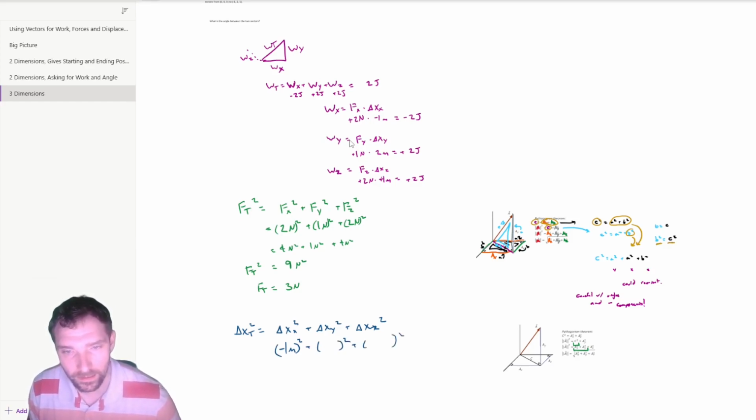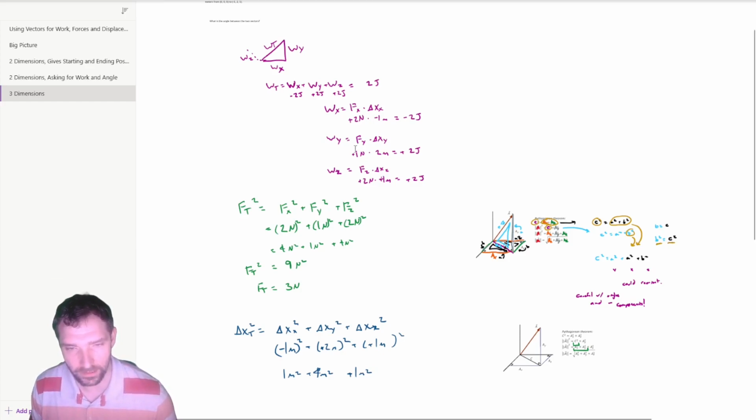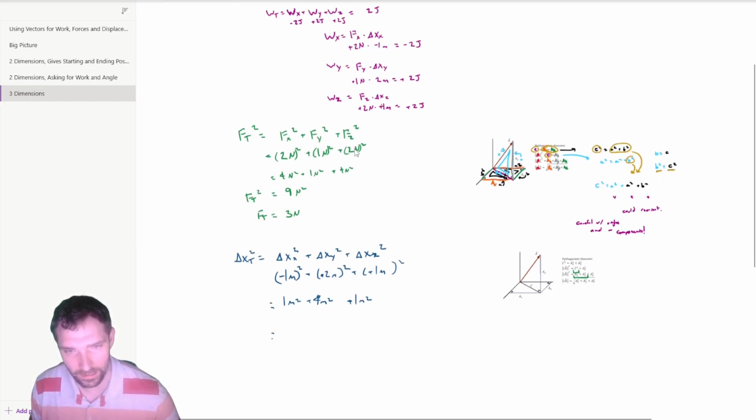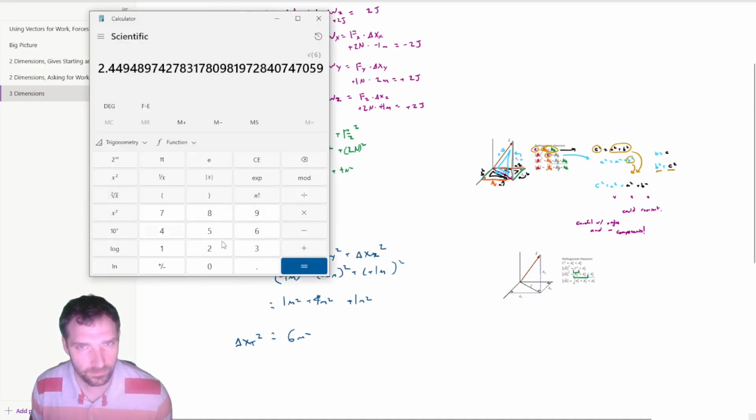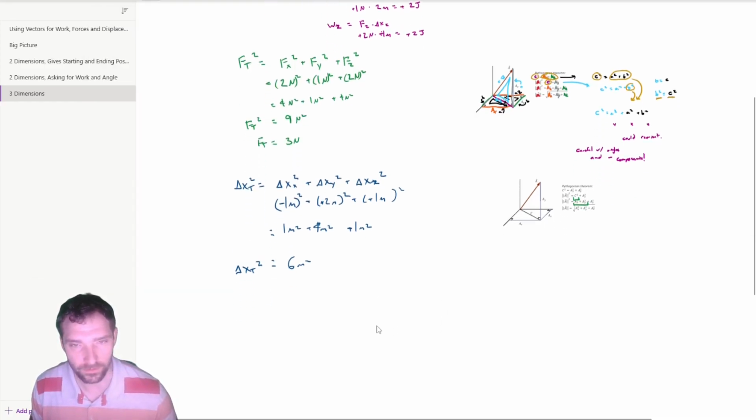I'm seeing +2 meters and +1 meters. So we end up getting 1 squared plus 4 m squared plus another 1 m squared. We add those together, and I'm seeing that as 6 m squared is equal to this total displacement squared. And so this is just the square root of 6. We get like 2.449.